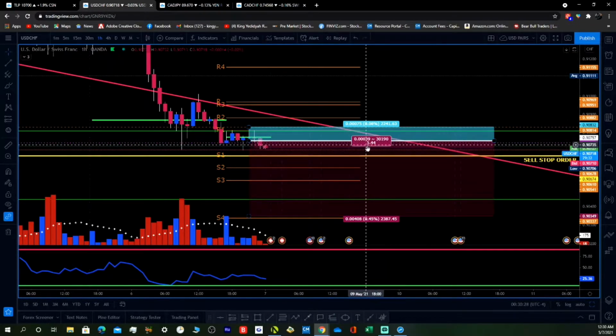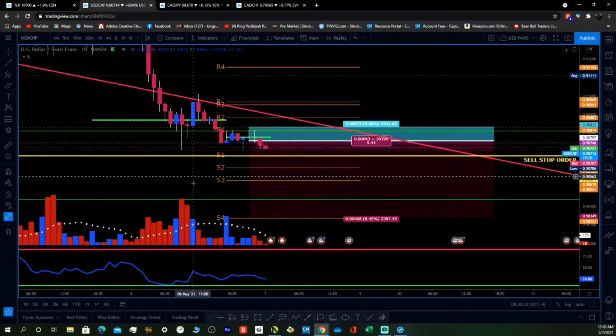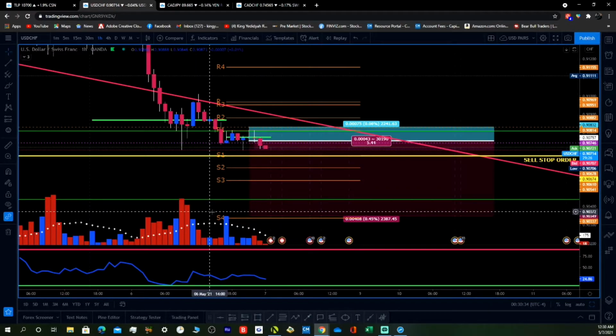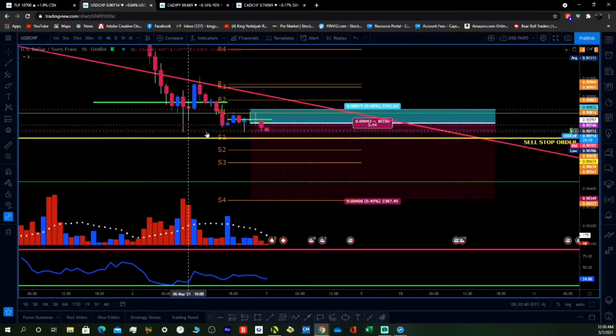So it's a 5.44 to 1 risk to reward trade, and my target is down here at S4, just above S4. And for the break of this area here, I set a sell stop order, so that'll trigger me in. I think it's about 10 to 20 pips.